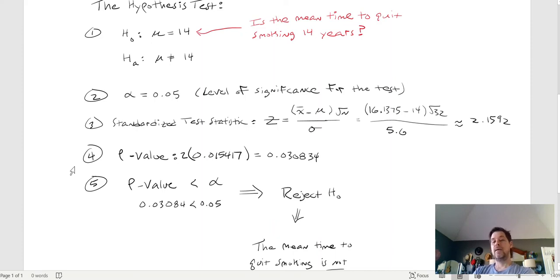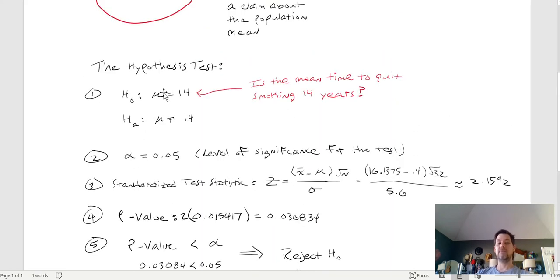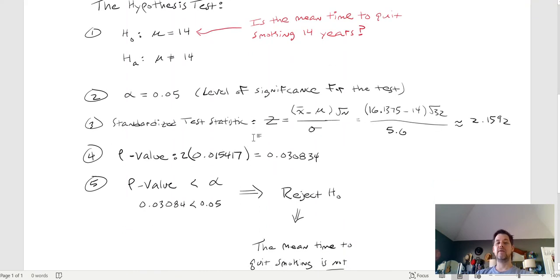All right. Now, what that is in the case of a two-tailed test, which this is, is we find the area in the tail of the standard normal curve to the right of this number right here. Okay, and then we double it in a two-tailed test.